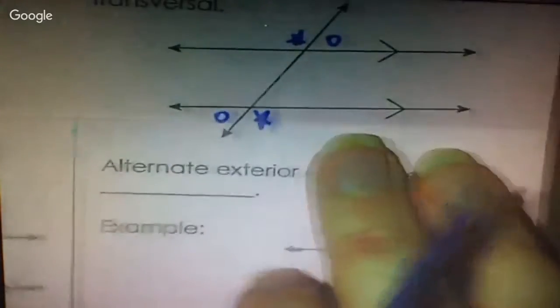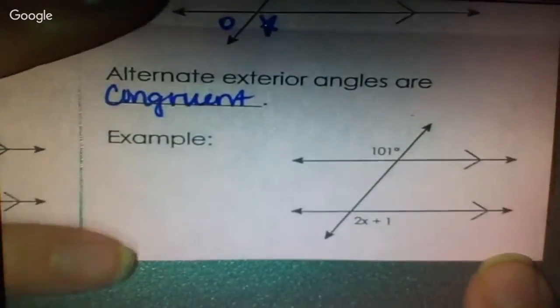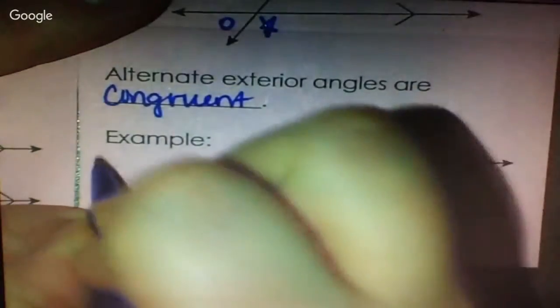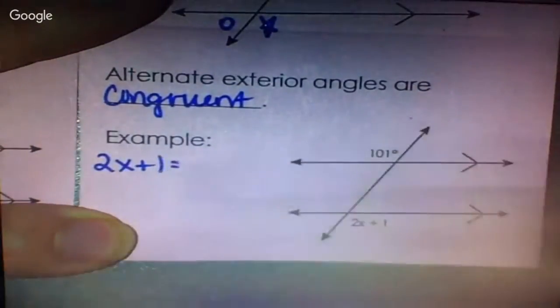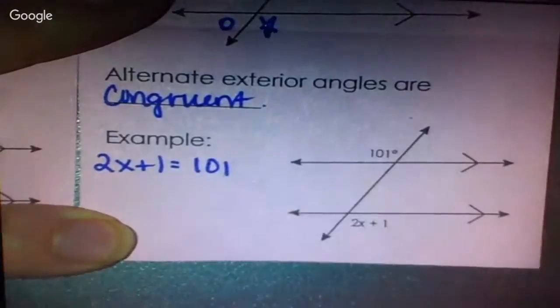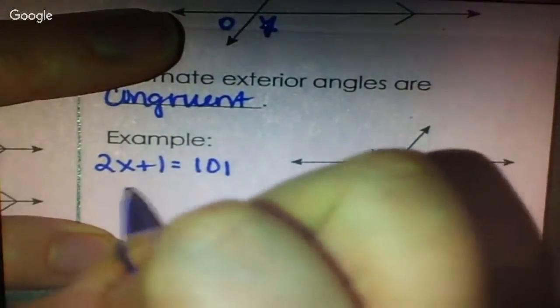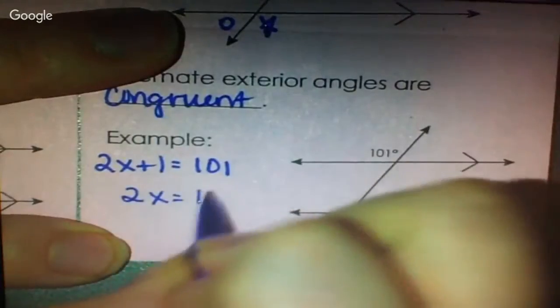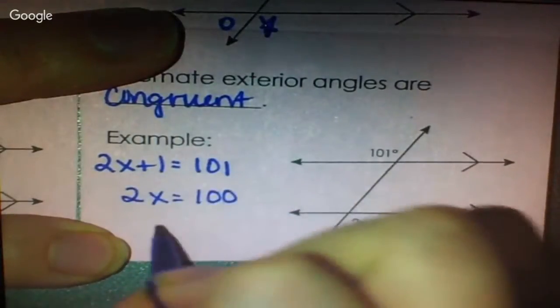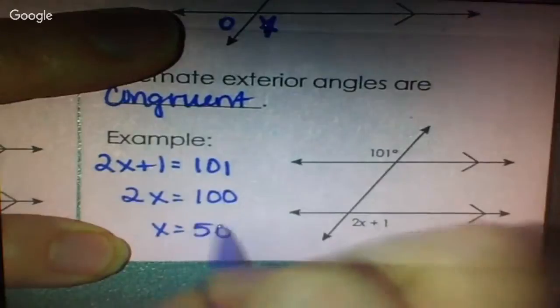These are not same side, which means that these are also congruent. Which means that 2x plus 1 should equal 101. Which means 2x is 100 and x is 50.